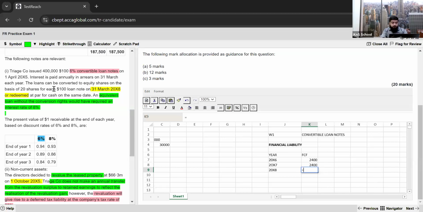Number 1, the 400 multiplied by 100, which means that 40,000 will be paid, along with the coupon amount, that is 400 multiplied by 100 multiplied by 6%.